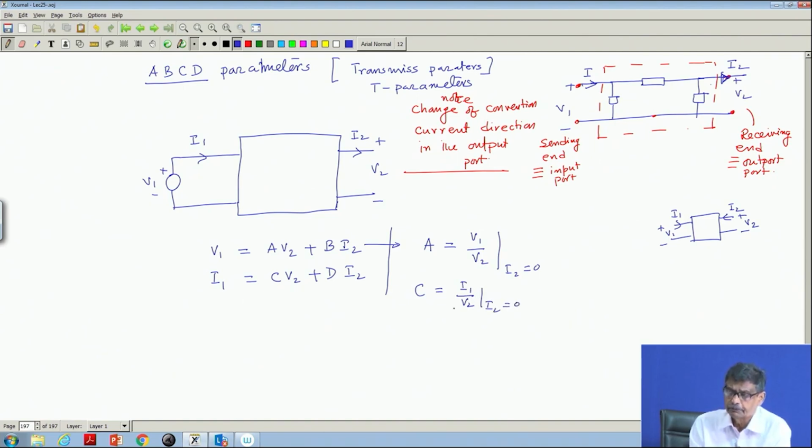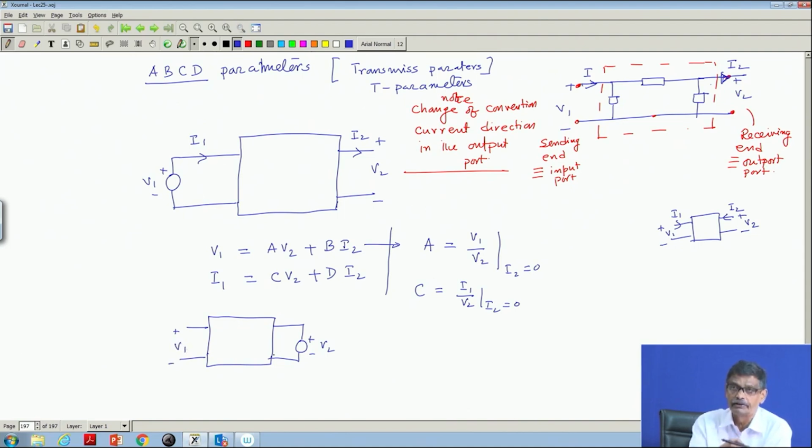Now, suppose I want to do experiments and find out in this way, this equation tells me to do. So, what I will be doing? I will take this network, and V2 I have to apply. That means, here I have to apply a voltage V2, and record this current and input voltage.